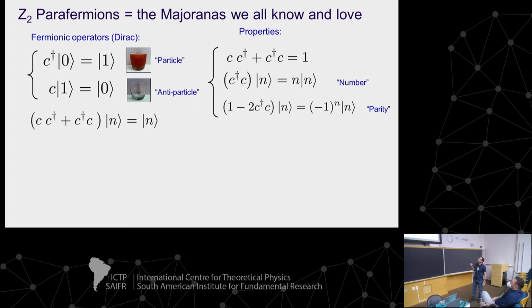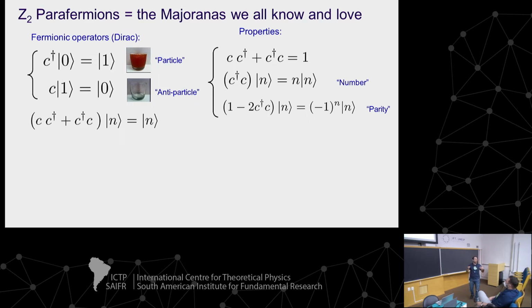So we all know what fermions are, right, in this community for sure. So let's define the Hilbert space for fermions. There's only two states, 0 and 1. Let's call this the empty glass and this the full glass, or you can say this is the antiparticle or the particle, or the hole and the particle, or whatever.